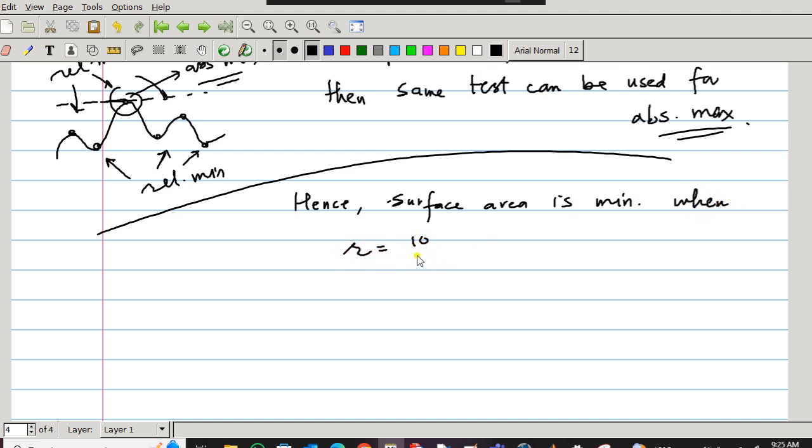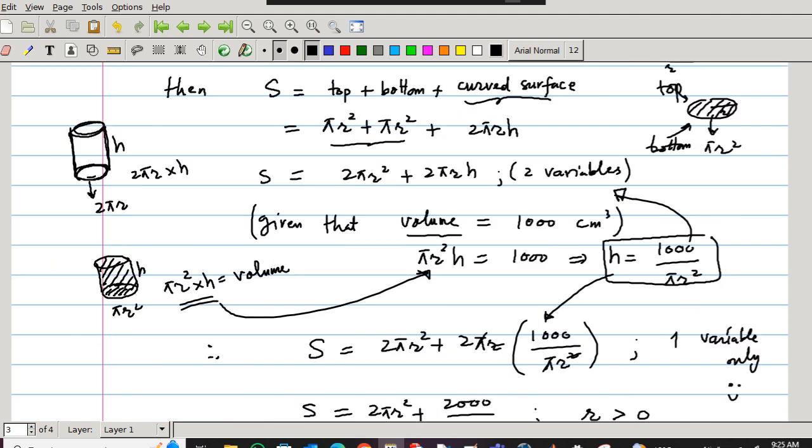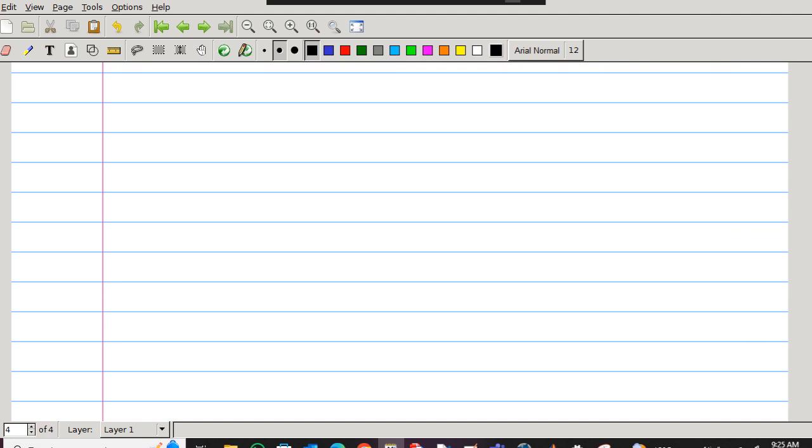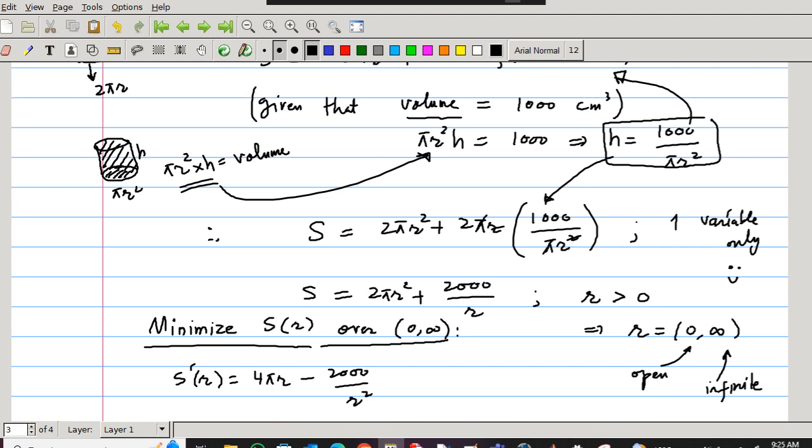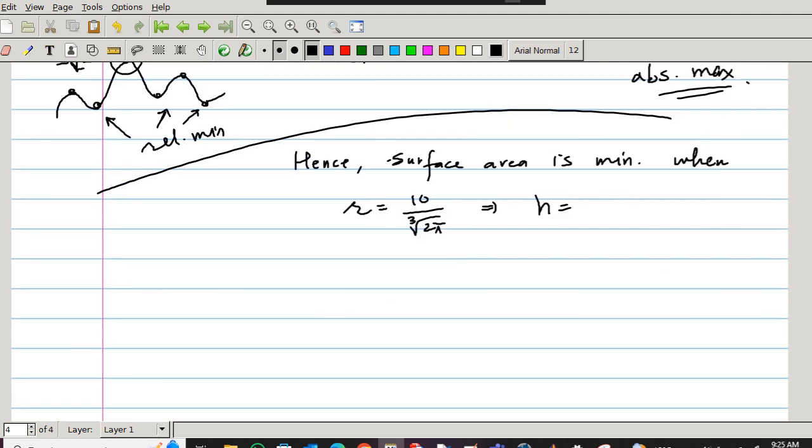He said what height and what radius should we choose, right? If this is R, then what was H? H was 1000 divided by pi R square. So I can find H from here as well.